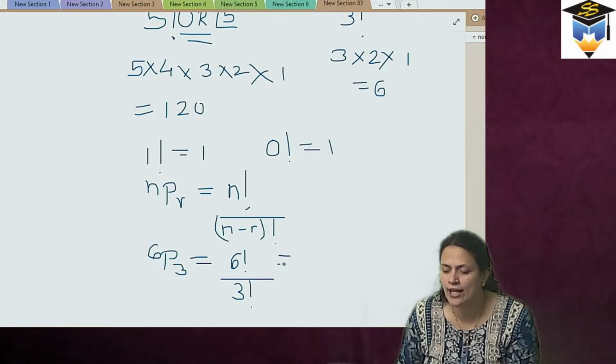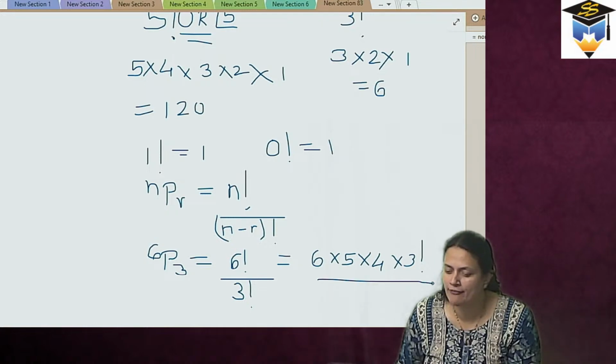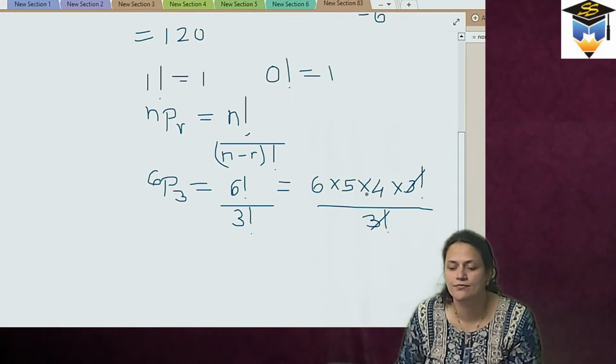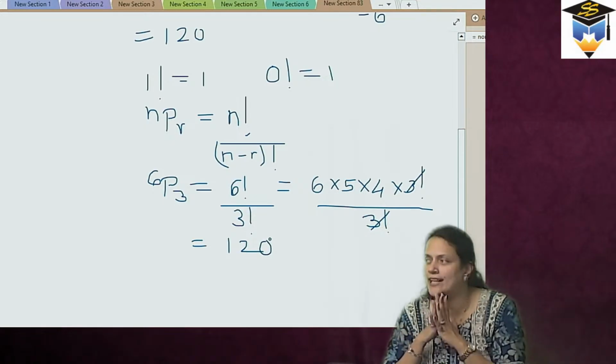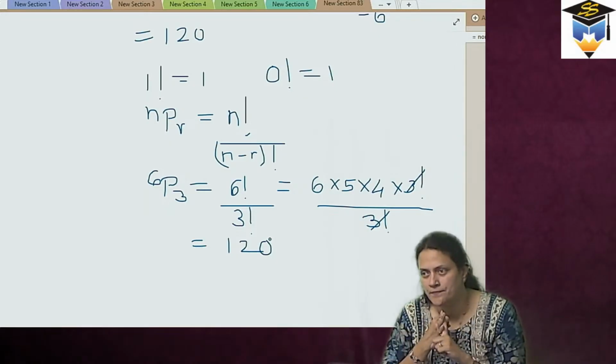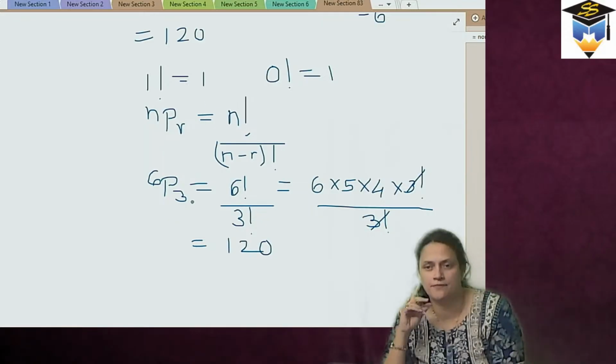I'm going to write this as 6 into 5 into 4 into 3 factorial upon 3 factorial. So this and this will get cut. What is the final value? 120. So 6P3 is 120, or we get it as 120 by using the formula. Understood what is N, what is R? Write down this formula and then this example.